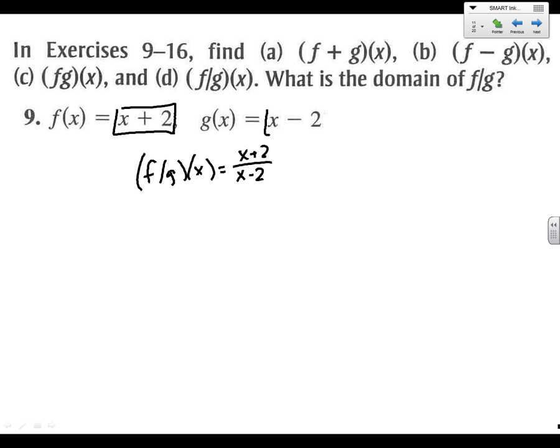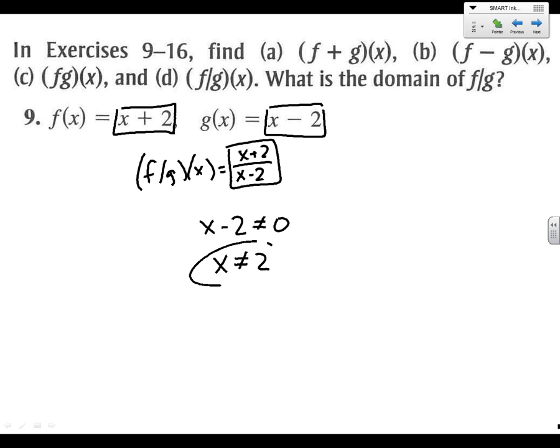There is no problem with the original g. There's no square roots, there's no denominators, so we're fine. The only problem we come to is that when we put them together for our answer, we see that x minus 2 cannot equal 0. So for our domain here, we're going to say all real numbers, x cannot equal 2.